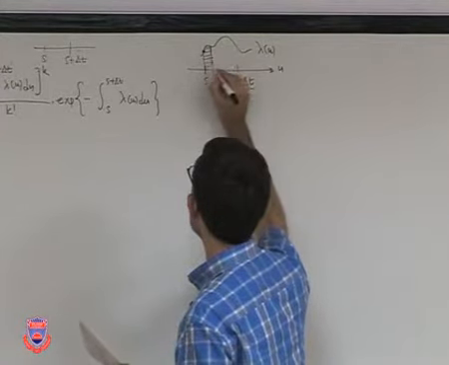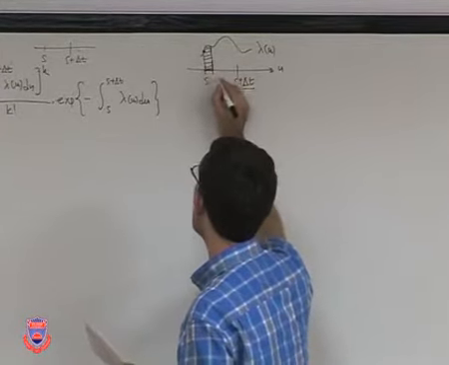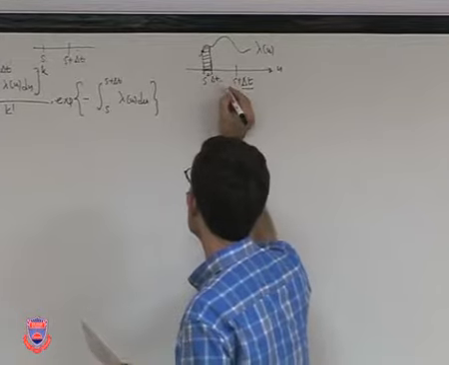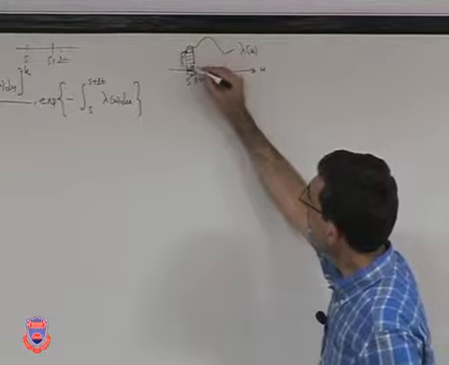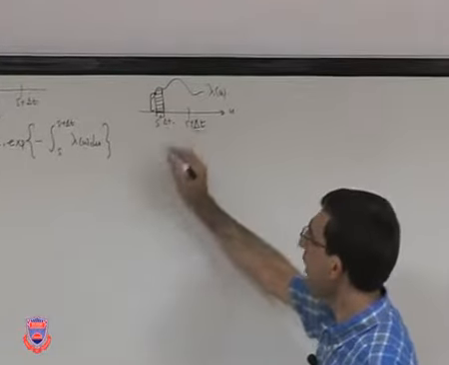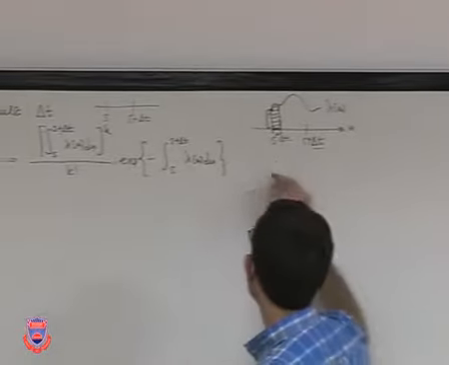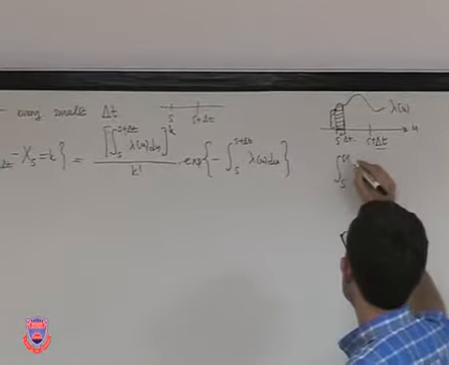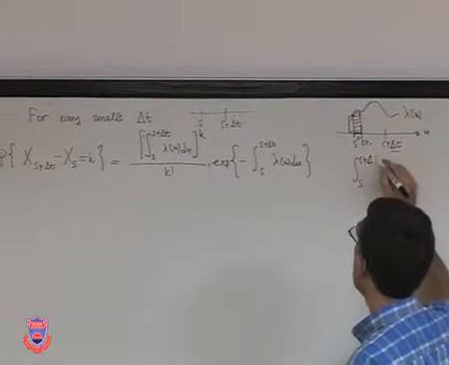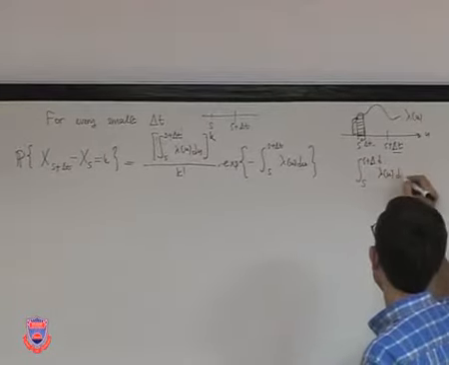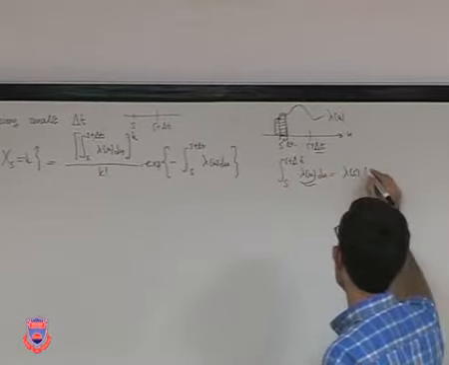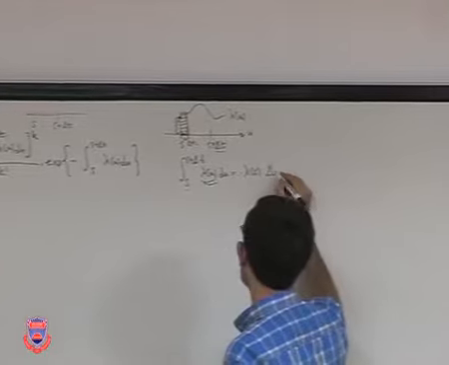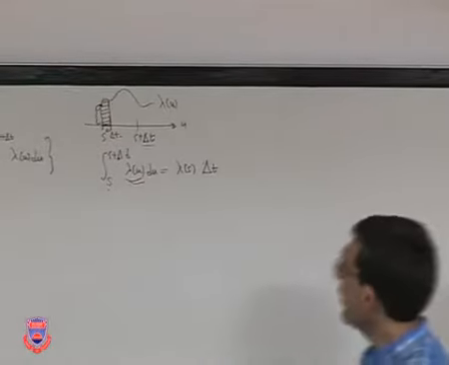So this can be approximated closely as delta t goes to 0. If you choose it small enough, it is the height times the width. So we can approximate this integral with the value of this function at the initial time s, times the width of the interval delta t.